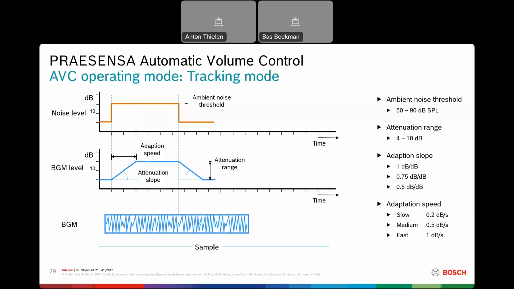And you have your adaptation slope, and that's then how many dBs are attenuated based on the dBs the noise level is increasing or decreasing. Then you have your adaptation speed, if you want to have it slowly responding or quickly responding, that you can set with this adaptation speed.